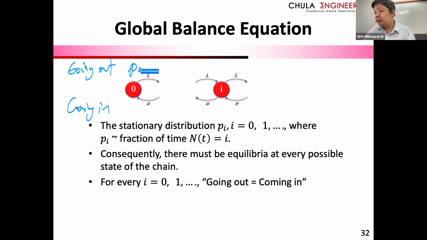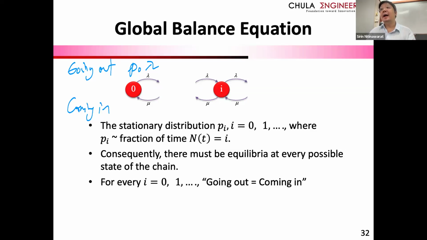Should be P0 times lambda, right? Because lambda is already transitioning. But if I want to account for the native frequency of being in state zero as well, I need to account for zero.